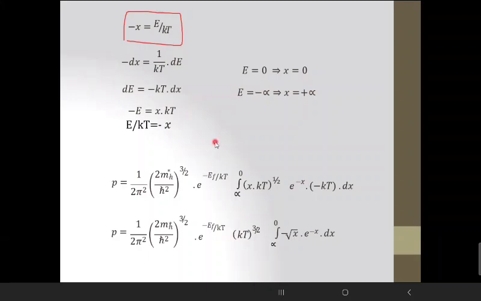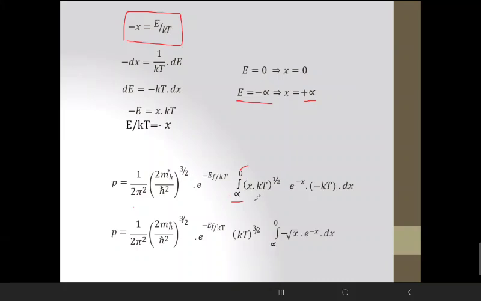Now what do you want to do? Now you need to apply all of this. When you apply, your E minus infinity, then infinity, you have to put at the particular point, no? Here, the previous case, minus infinity has been converted to plus infinity. 0 has been converted into 0.